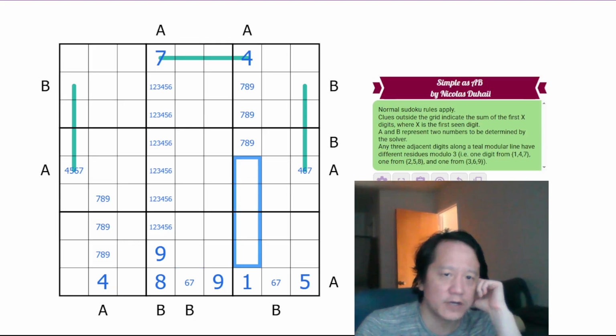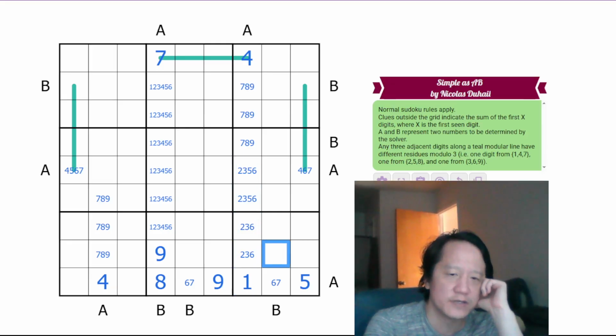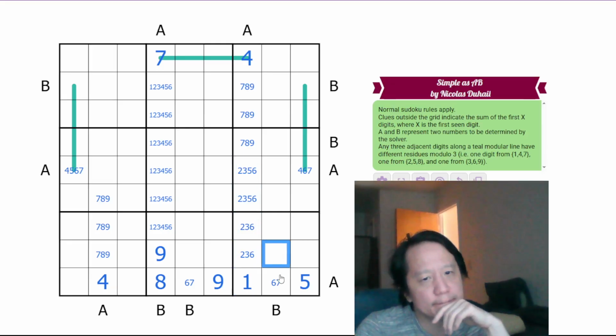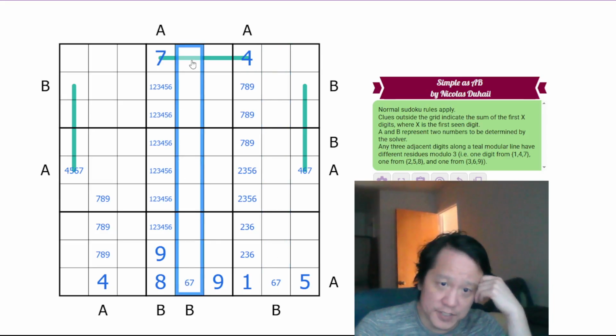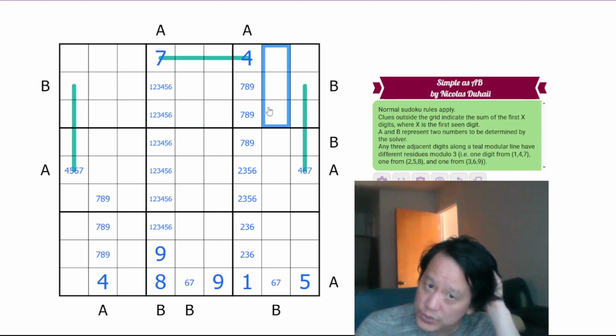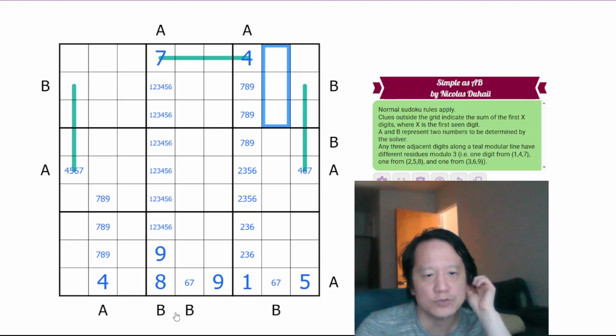Remaining digits of column 7, we have 2, 3, 5, and 6. Obviously no 5s there. So if this is 6 here, this would have to be 1, 2, 4 for the digits missing to add up to 38.